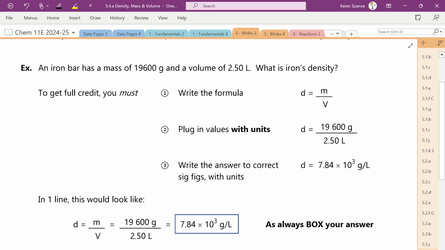Tell your partner, don't look at your book. What is the definition of mass? Dylan and Stephen, you guys need to talk more.